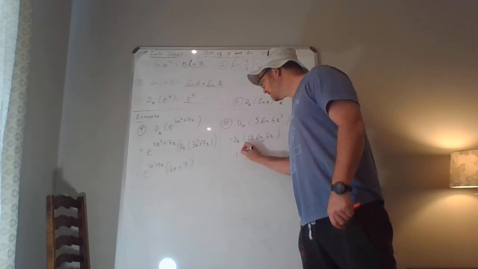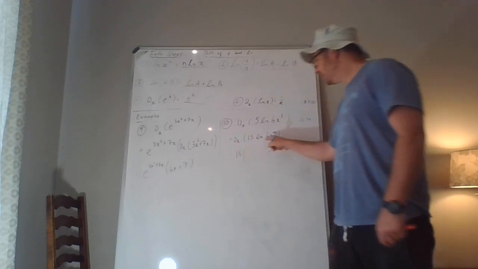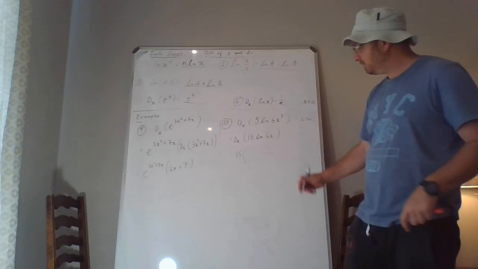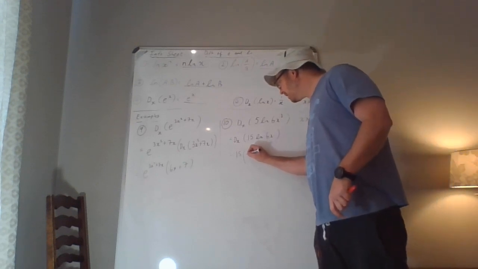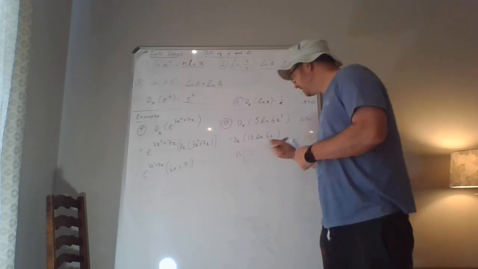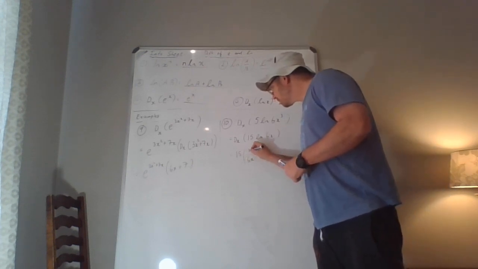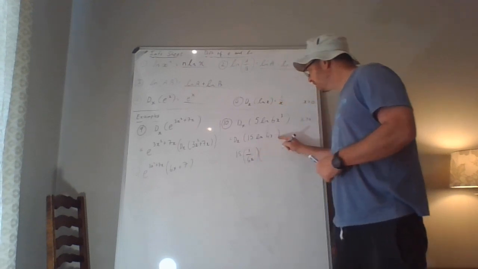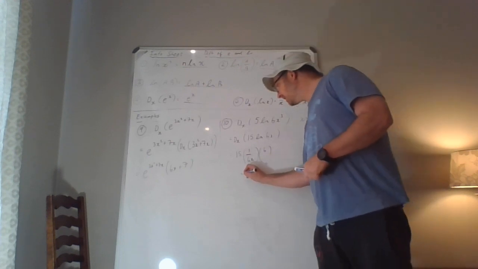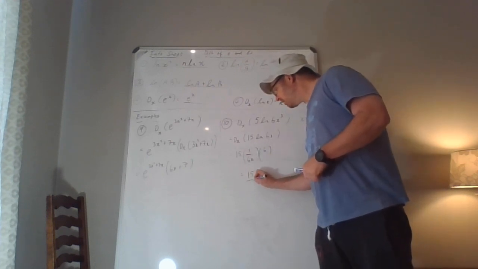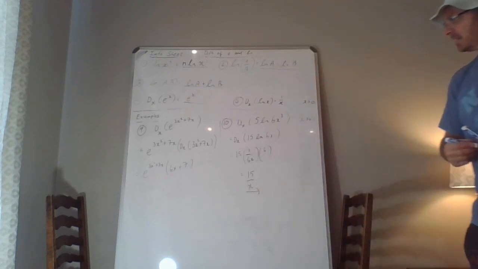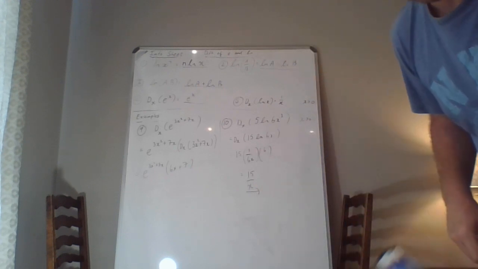So it's going to be the constant in front, 15, and the derivative of ln(6x) is going to be 1 over x, but if you've forgotten that, if I use the chain rule, it's 1 over 6x times the derivative of 6x, which is 6. In other words, it's going to be 1 over x. So you end up with an answer of 15 over x. Okay, get that done.